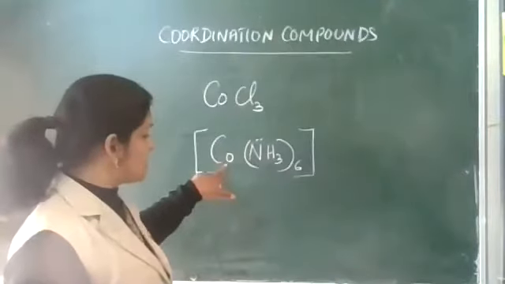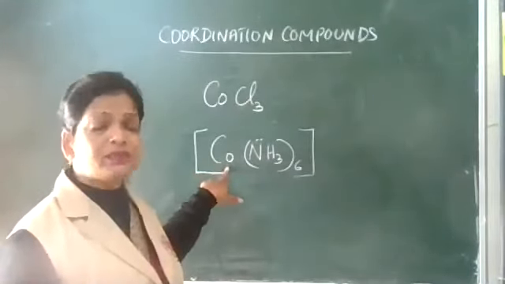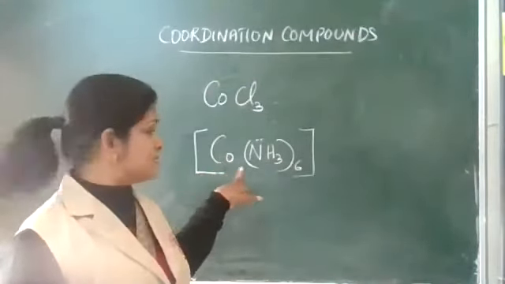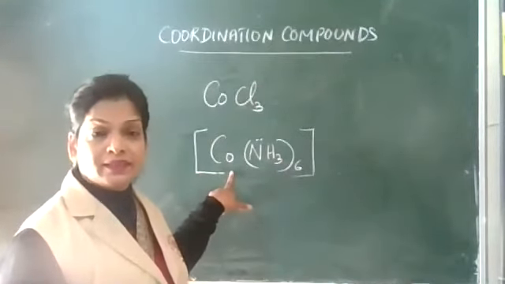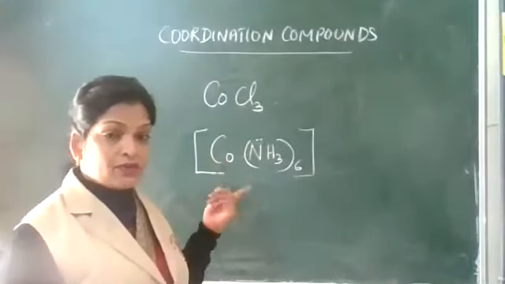This is a transition element, you know, it has vacant d orbitals. To the vacant d orbitals, this ammonia can donate one pair of electrons. That is after hybridization only.